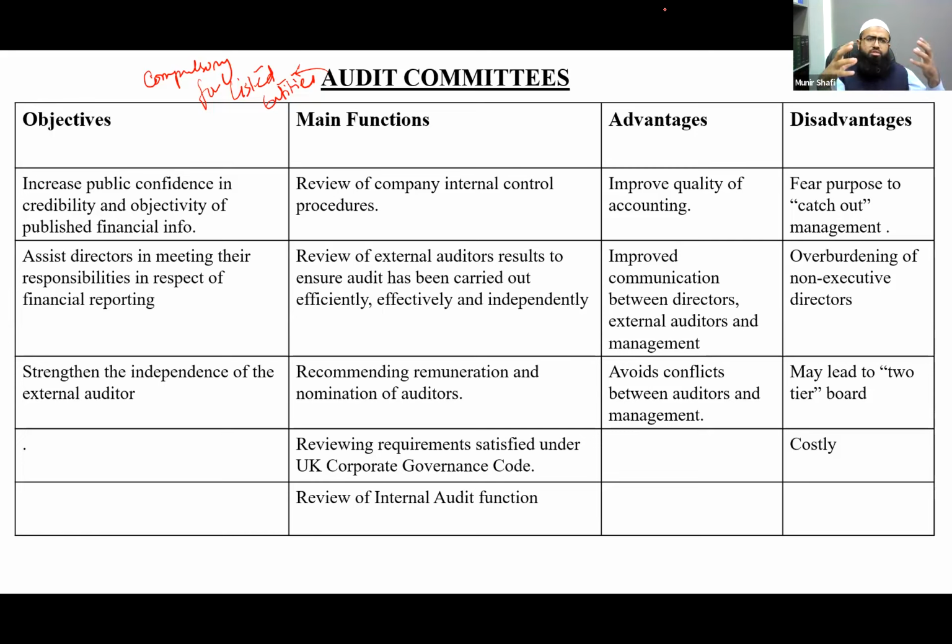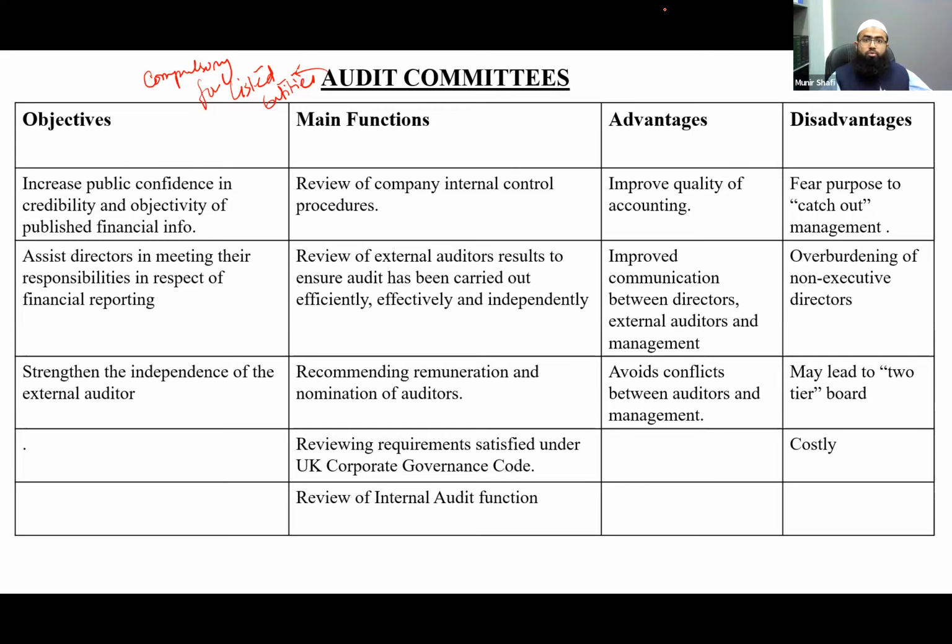They feel, okay, this audit committee or these non-executive directors are always there to pinpoint us. Overburdening the non-executive directors. Non-executive directors are already there, and making a separate committee might be seen as burdening them further.